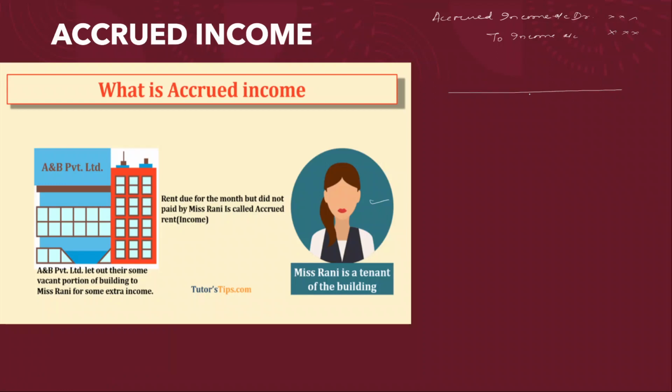Suppose rent, because they have given the example of rent. So say this is your PL account. Now accrued income, you are receiving rent, monthly rent.